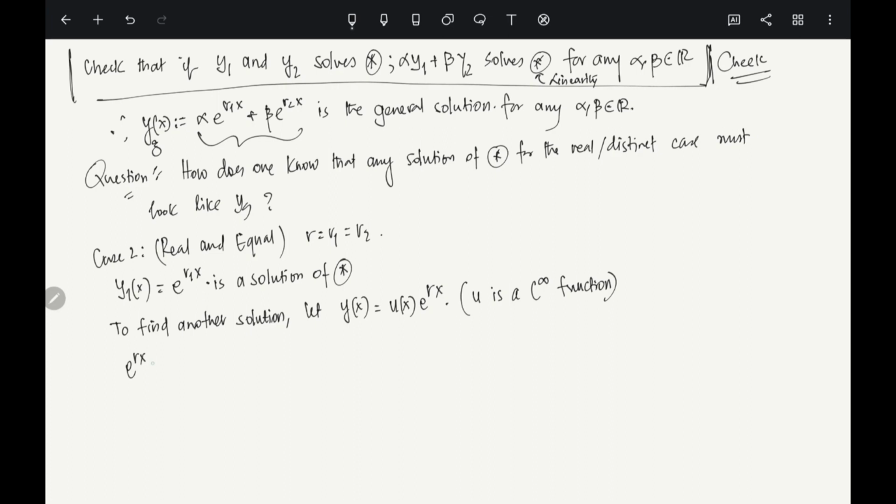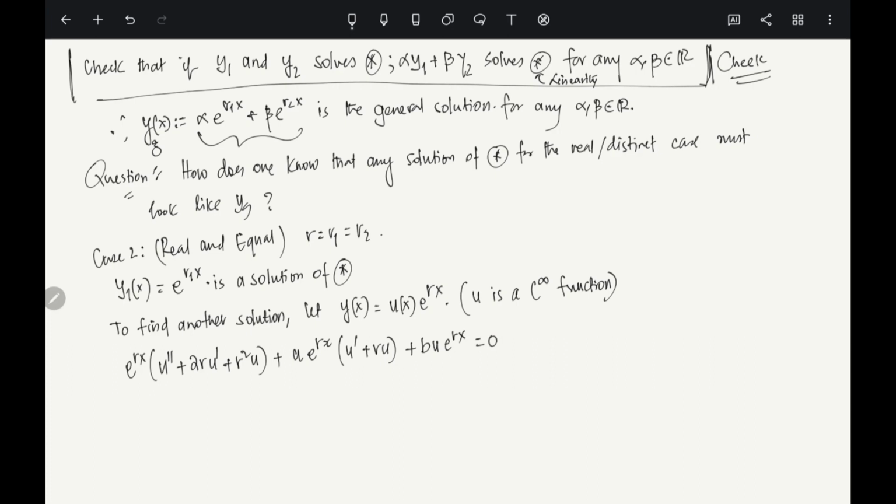If we put it together, it becomes e^(r x) [u double prime plus 2r u prime plus r squared u] plus a e^(r x) [u prime plus r u] plus b u e^(r x) equals 0. Just by substituting the values of y prime and y double prime in the equation we get this.